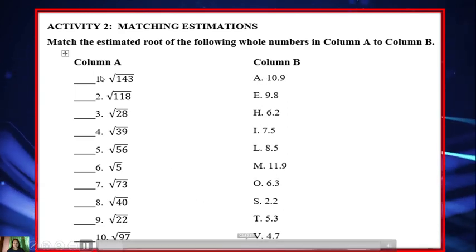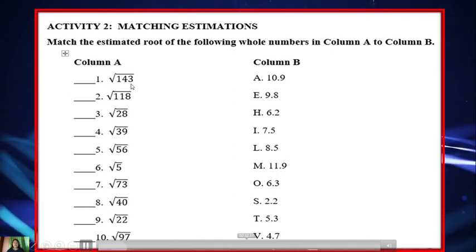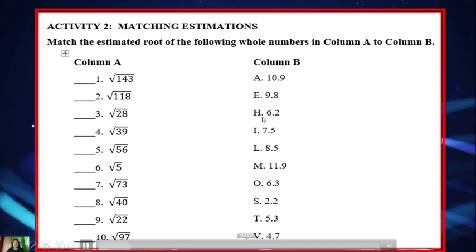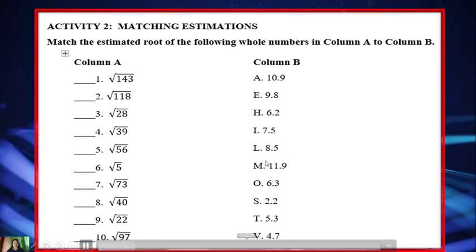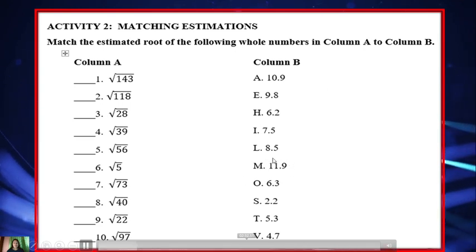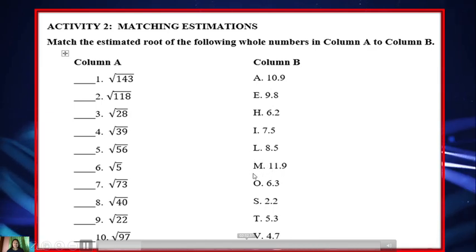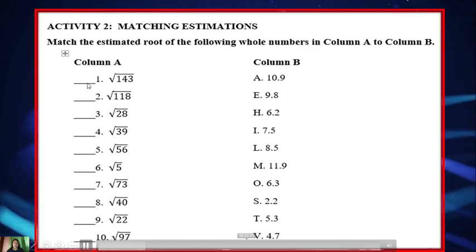For instance, in number 1, square root of 143. Suppose your answer is 6.2. No. So let's have 11.9. Then 11.9 is in letter M. Right? So number 1 is letter M. This is just an example.